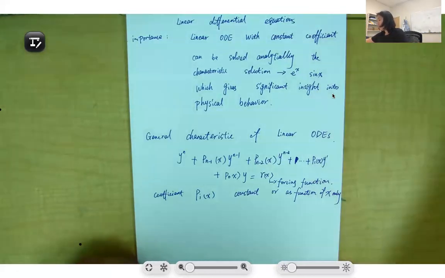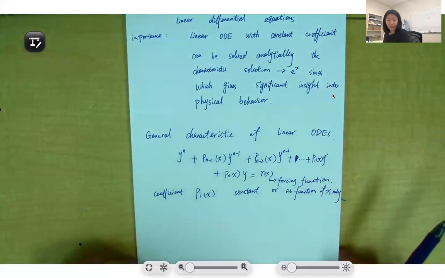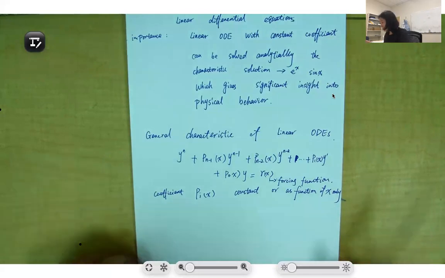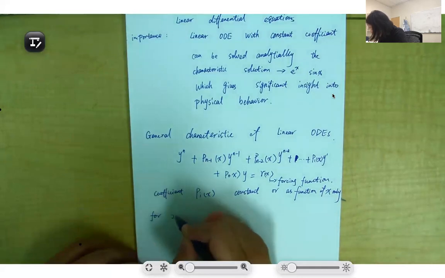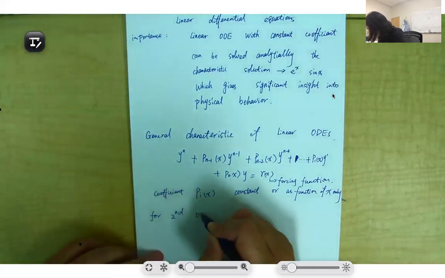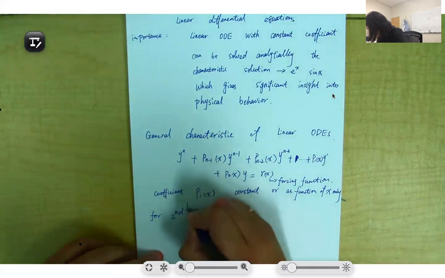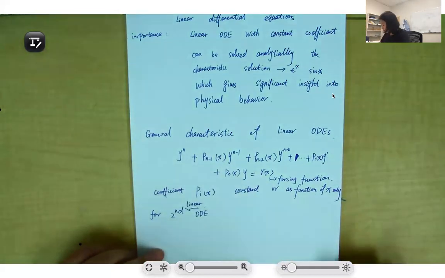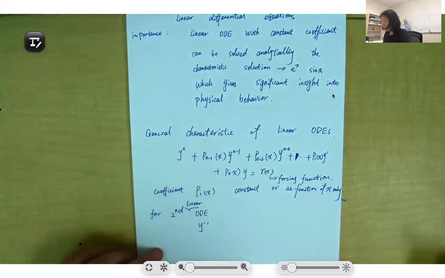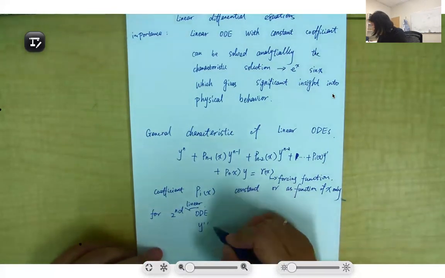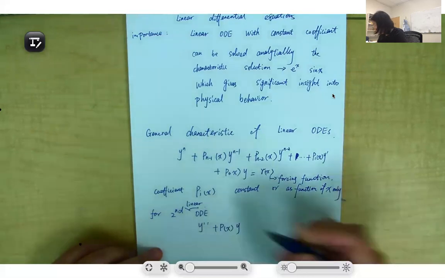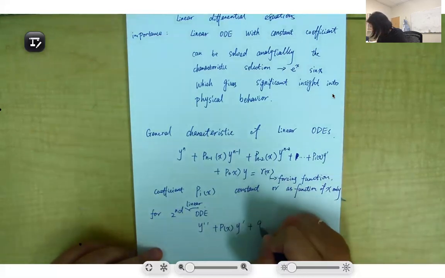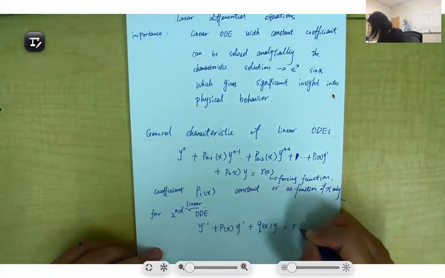And then we can also use this general form to write the most important one. We will learn a lot about how to solve it analytically for the second order linear ODE. For a second order linear ODE, we can write y double prime plus p(x) y prime plus q(x) y equals r(x).